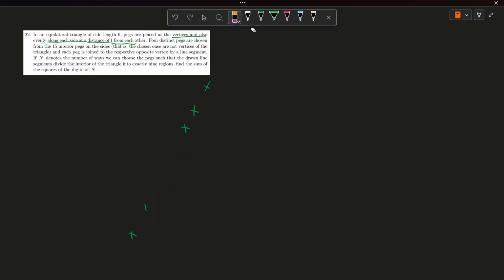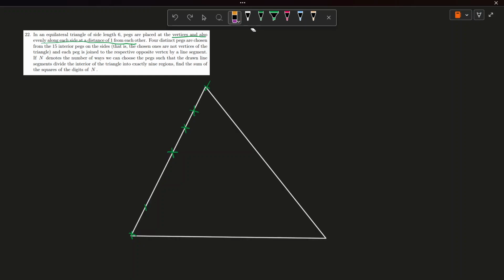Let me try to draw it a bit evenly. So suppose peg here, peg here, peg here, peg here, and peg here.